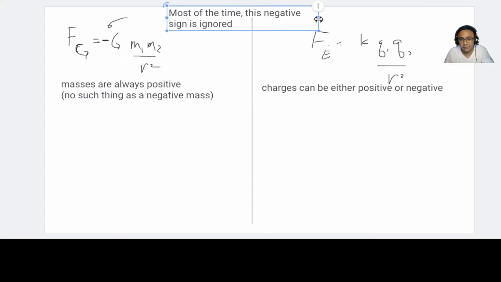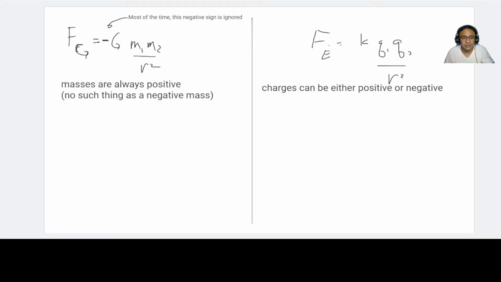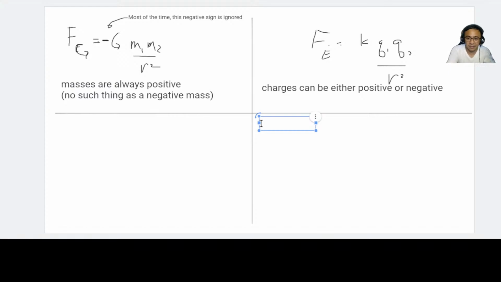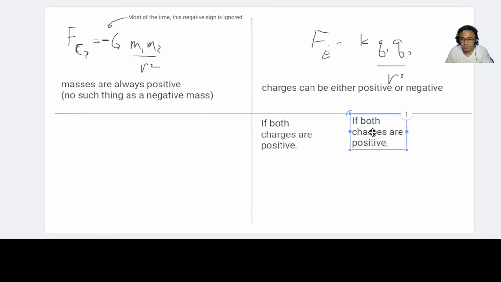Okay, there we go. Most of the time, this negative sign is ignored. Now let's start off with the idea here in charges. If both charges are positive, then the force Fe is negative, is positive, right?